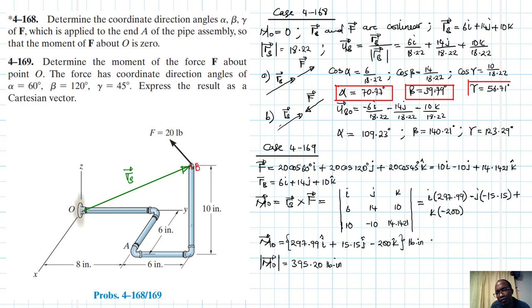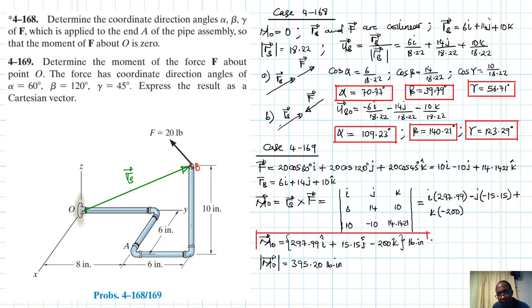So we found two cases, and both of them will give a moment equal to 0 at point O. And then we found the moment expressed as a vector about point O, and we found the magnitude as well. You cannot talk about a vector without also computing its magnitude.